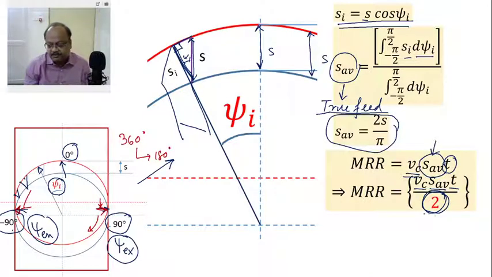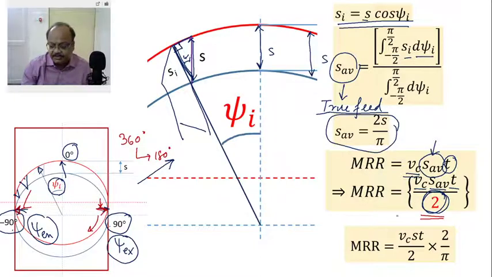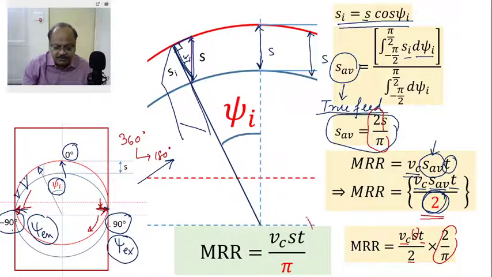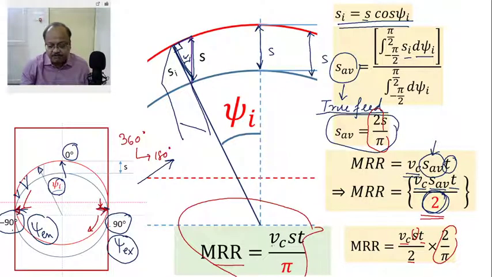The rest of the time it is not cutting. So I have introduced that only half of the time it is cutting, so I am dividing it by 2. Then if you simplify, it becomes VC into T by 2, and S average gets replaced by 2 pi, so you had 2 pi into S, and if you simplify it, it becomes MRR equal to VCS into T divided by pi.